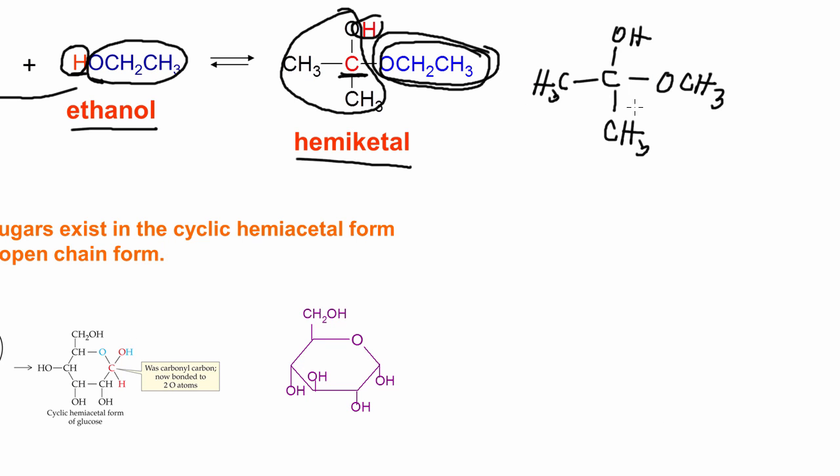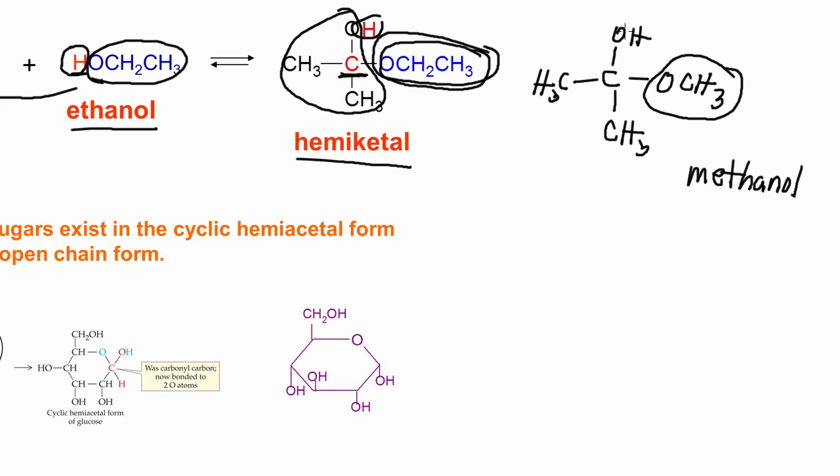So if I had this and I asked you, how was this produced? What were the reactants used? Well, I'd know that this part here, this is the methoxide group, so that would have come from the alcohol methanol.